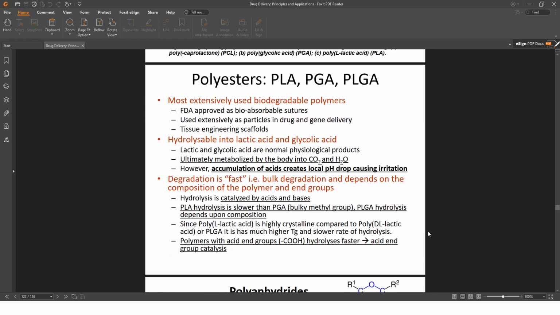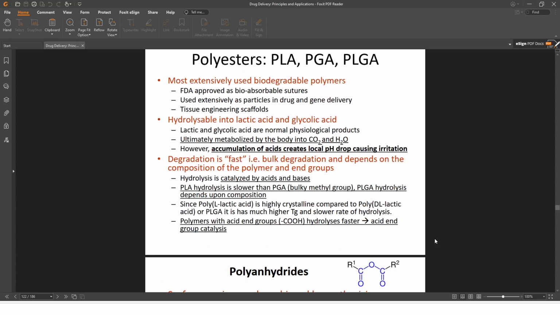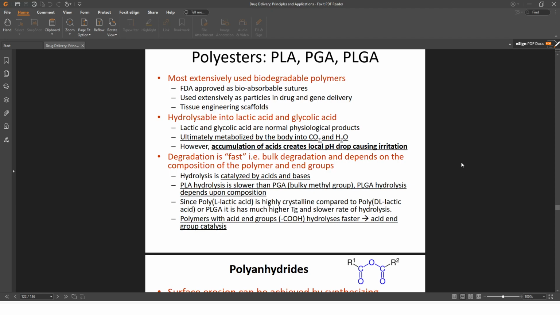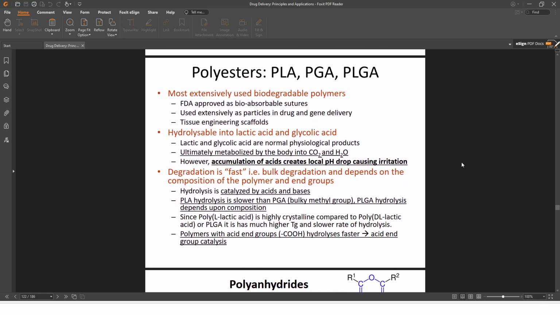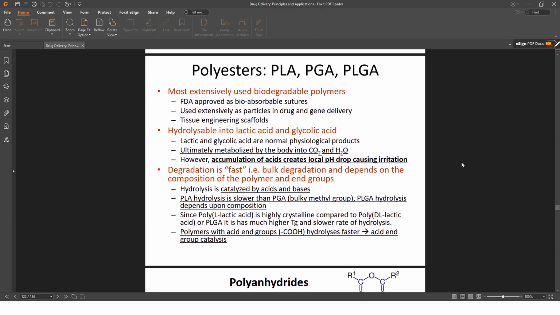So is PLGA non-biodegradable or biodegradable?